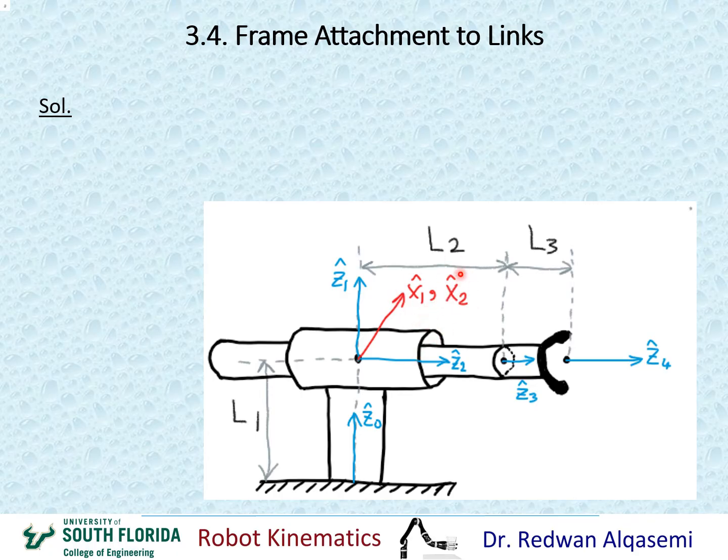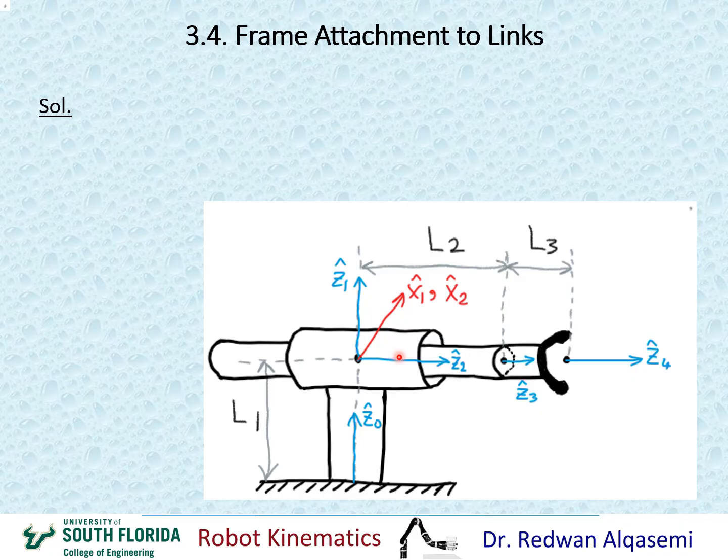But remember, x2 can be drawn anywhere on this line as long as it's perpendicular to the Z2 and Z3 line. Now the origin of frame 1 is here, and the origin of frame 2 is also here. And again, as soon as joint 2 starts moving, the origin of frame 2 will move along with link 2.